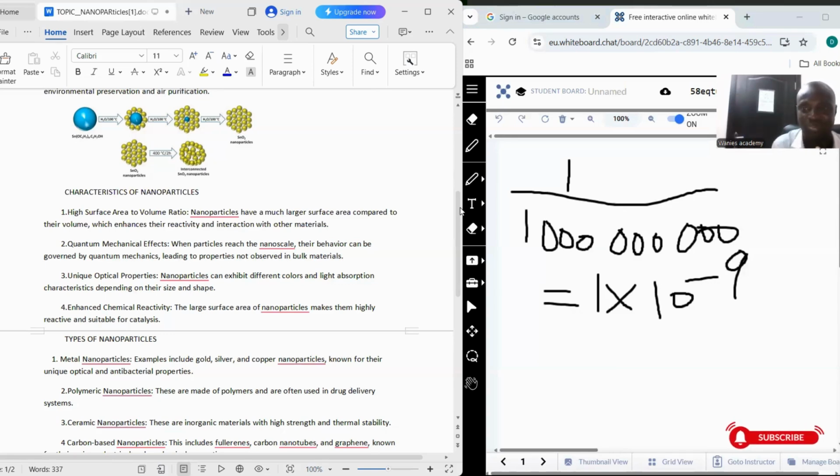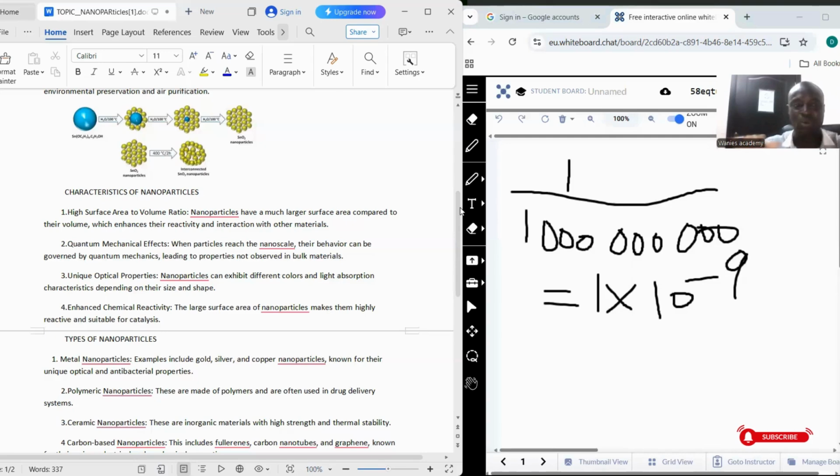Then another characteristic that is unique to nanoparticles is that they exhibit what we call quantum mechanical effects. Meaning that when materials get to the nanoscale, the way they behave, chemically and otherwise, is governed by quantum mechanics, leading to properties which are not observed in bulk materials.